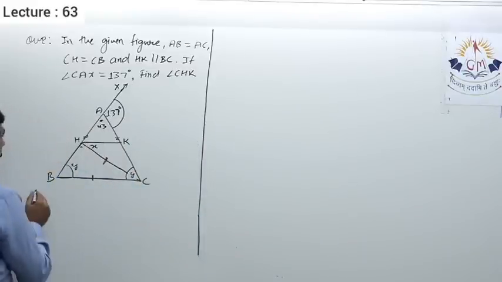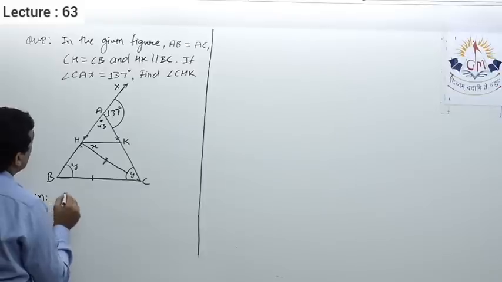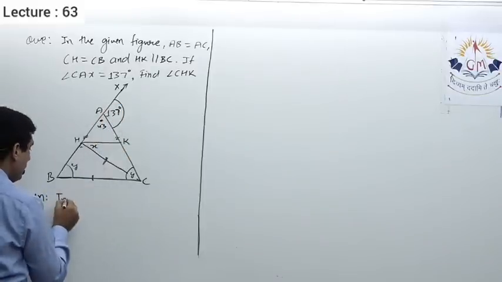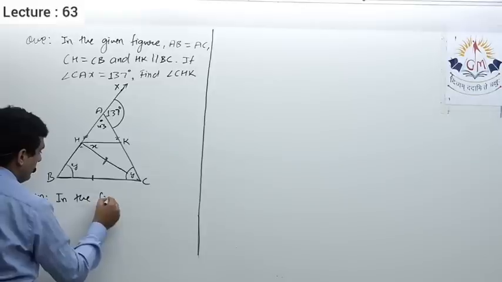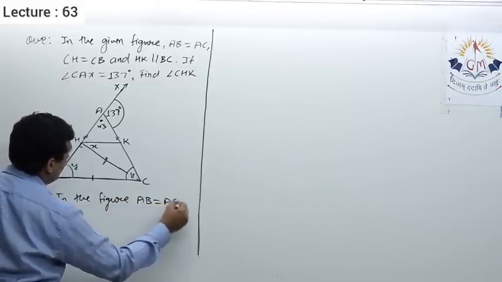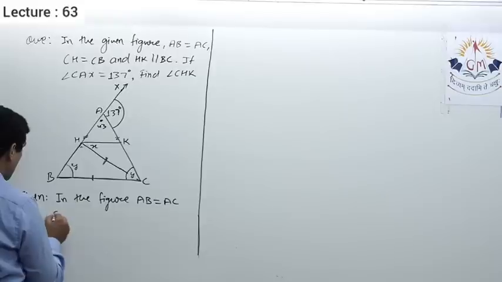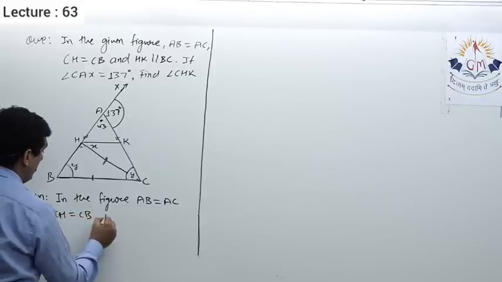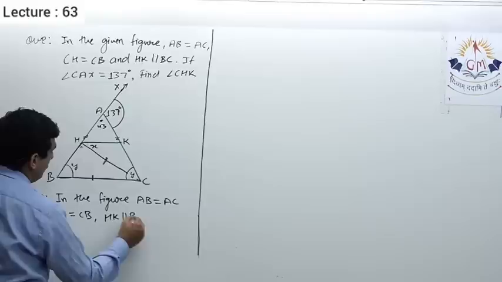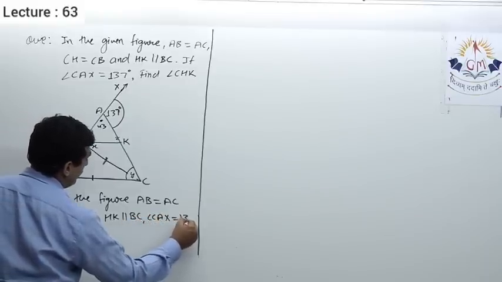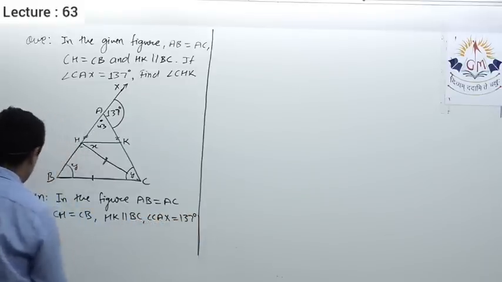Okay, so here, what is given? As it is given in the figure, we write in the figure: AB equal to AC, CH is equal to CB, HK parallel to BC, angle CAX is equal to 137 degrees.